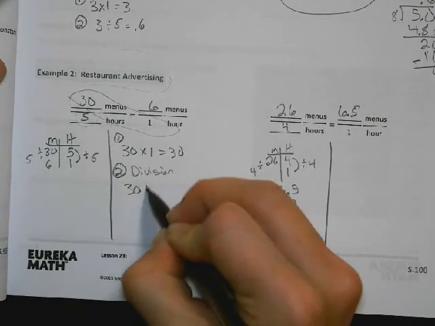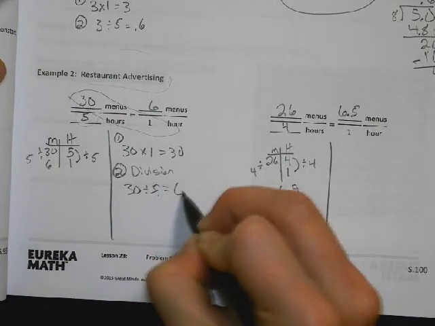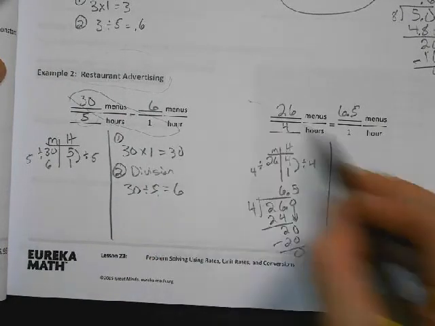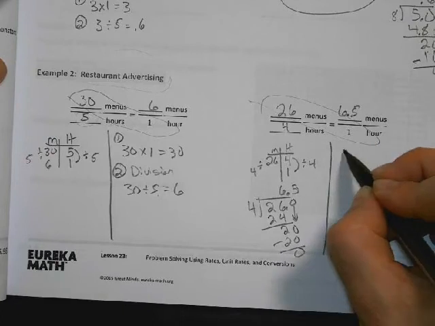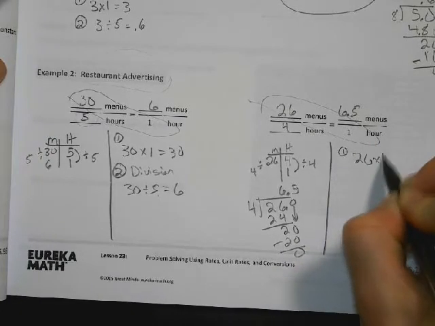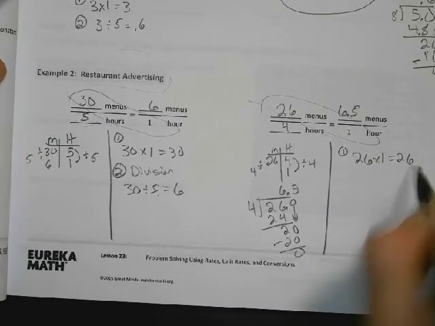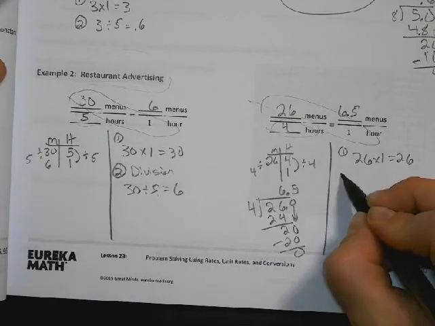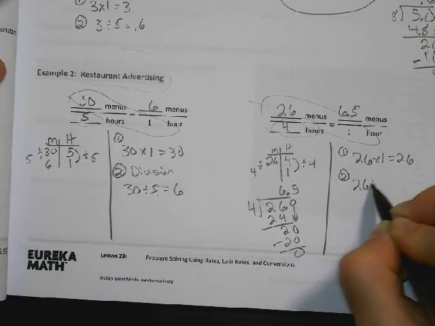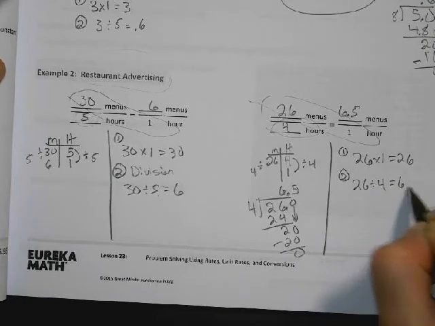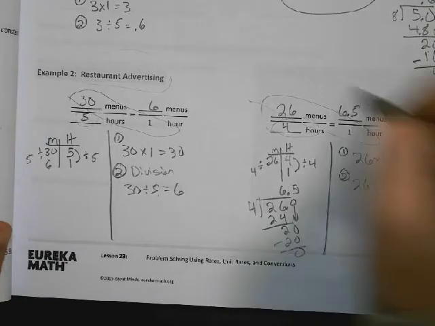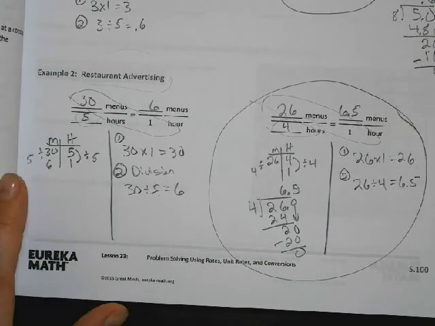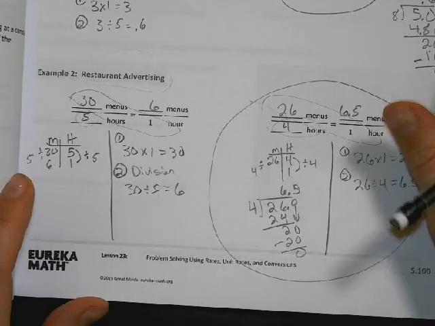So that's 30 divided by 5 gives me my 6. Over here, same thing, cross multiply. That would be 26 times 1 gives me 26. Divide by the only number left. 26 divided by 4 gave me 6.5. The second one, again, is better because 6.5 menus in an hour is more than 6 menus in an hour.